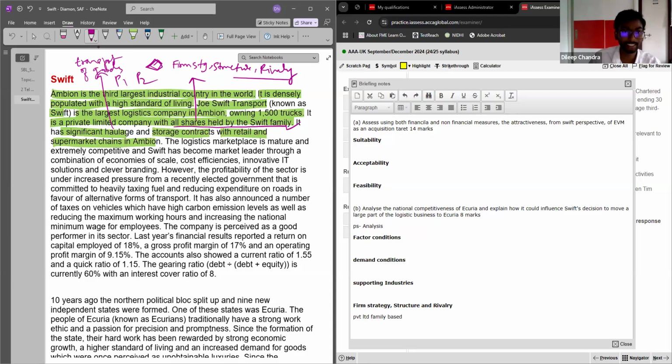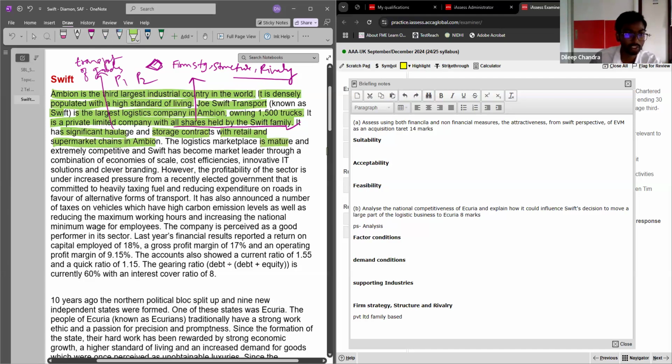The logistics marketplace is mature. The logistics market is mature and extremely competitive. And Swift has become market leader through a combination of economies of scale, cost efficiencies, innovative IT solutions, and clever branding.